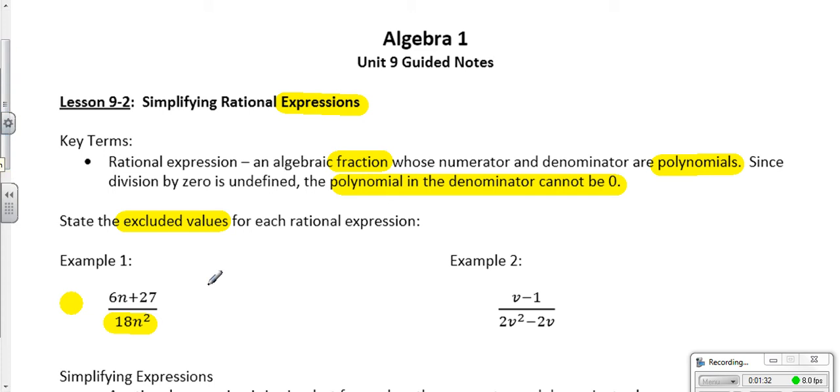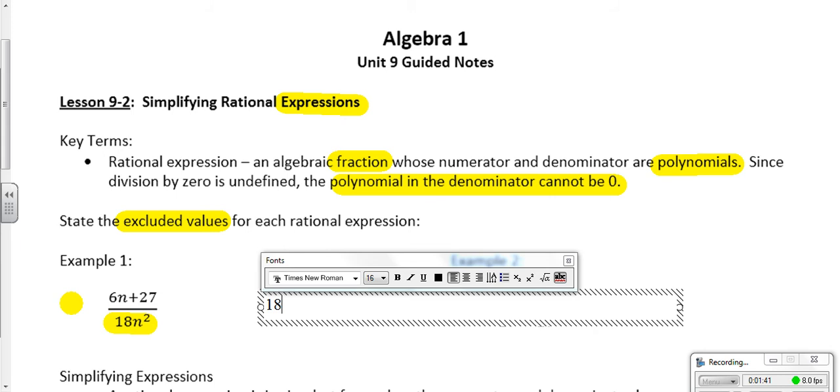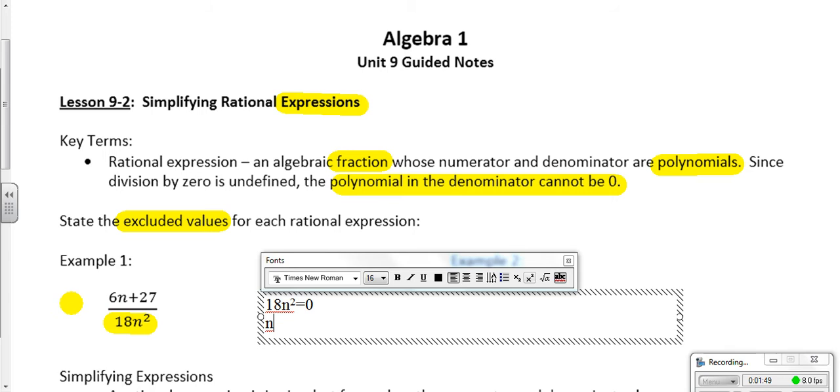So what would cause 18n squared to equal 0? Well, if we divide both sides by 18, we will get n squared equals 0.